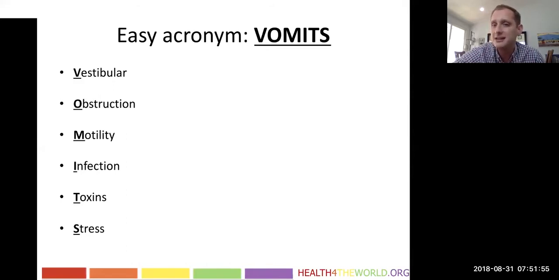M is motility, or dysmotility or poor motility. It could be from an obstruction, but there are lots of other causes of poor motility. Opioid side effect is a very, very common one. I is for infection. This could potentially cause dysmotility and obstructions, but also could cause those toxins to increase or GI inflammation. Next is toxins, and then finally stress, more centrally mediated in the cortex.